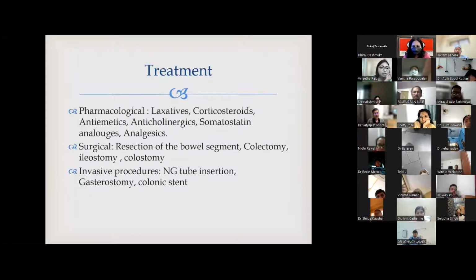So we sometimes have to combine it with other agents. We could try antiemetics like ondansetron, or other antiemetics like haloperidol. So these are all different antiemetics that we use in such a case.